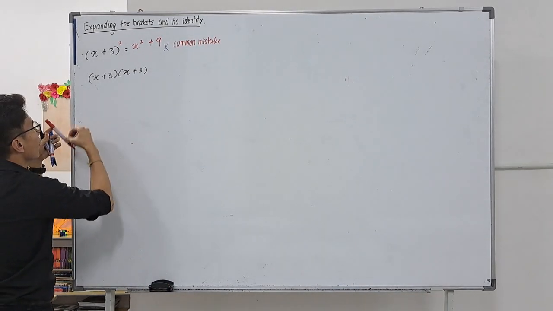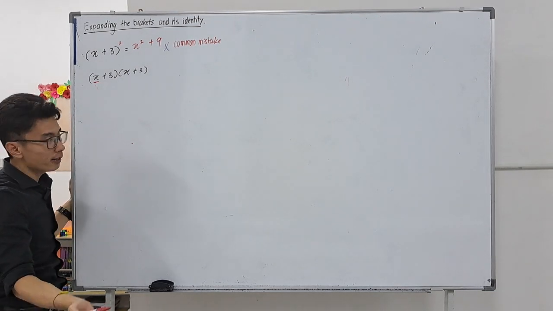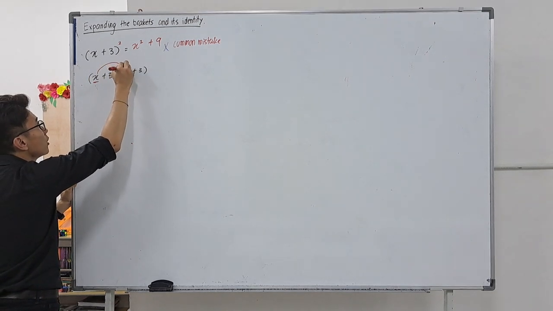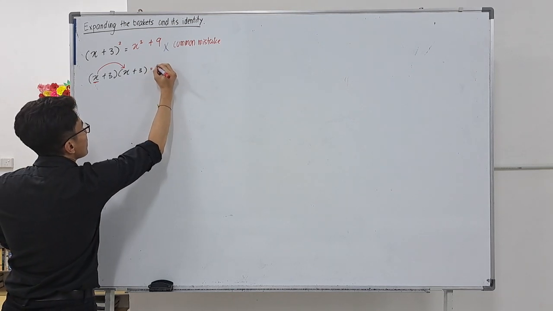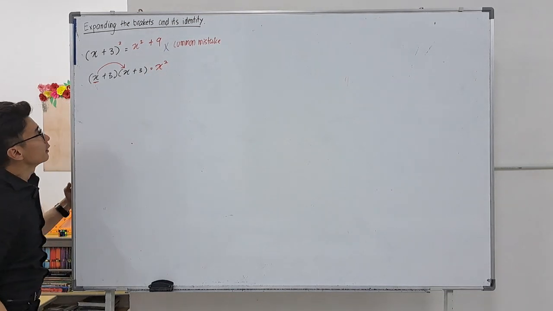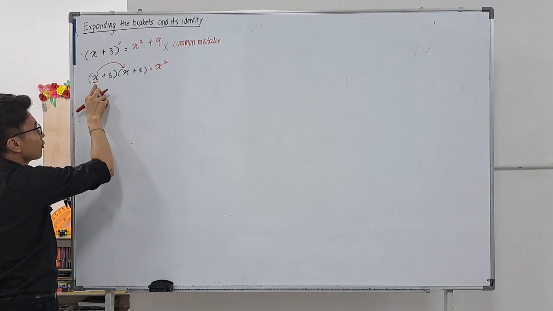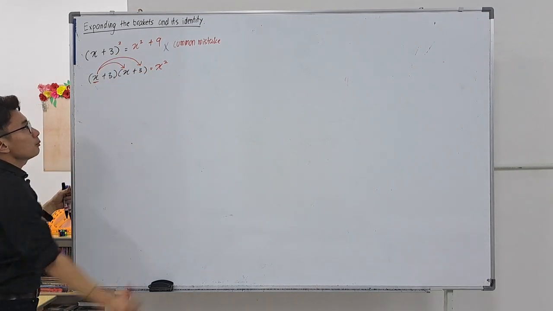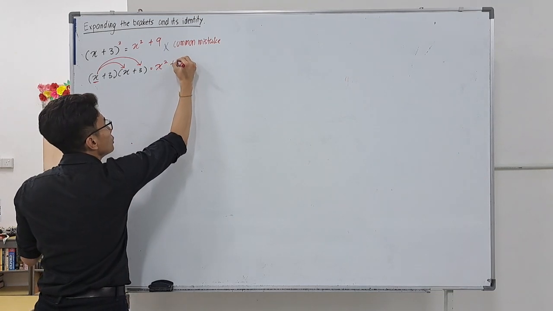See how I do it. I take my first term and expand it accordingly. I take this and multiply with this first. That will give me x squared, right? Next I take the first term again and multiply this one, and that should give me 3x.